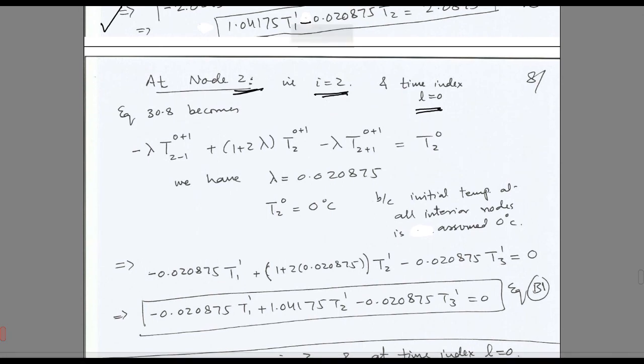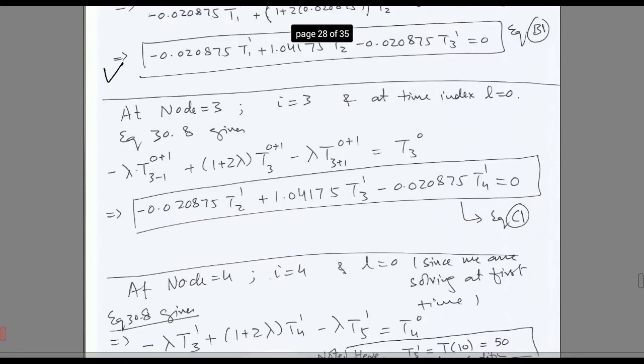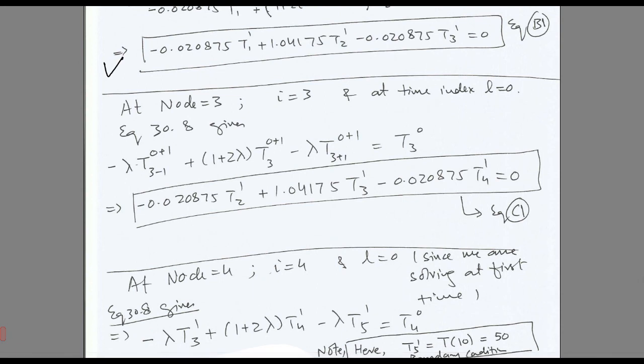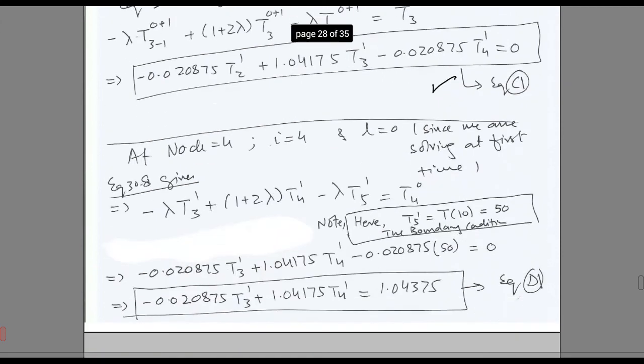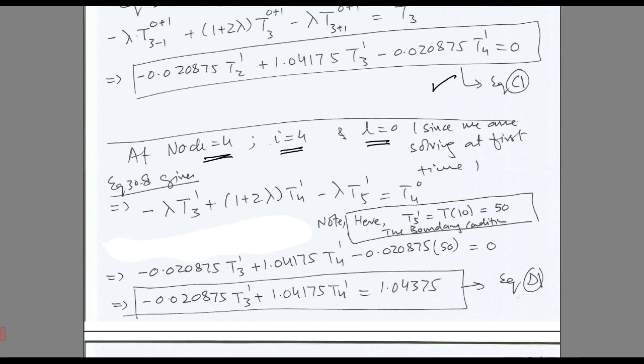Substituting in equation 30.8 and resolving, we will have equation B1. At node 3 we will have the equation C1. The equation at node 4, i equals 4, l equals 0, and we get D1.